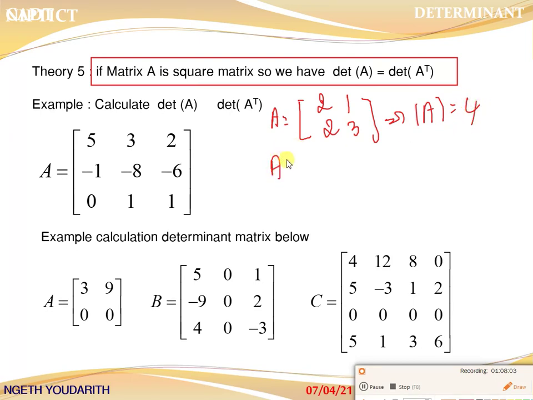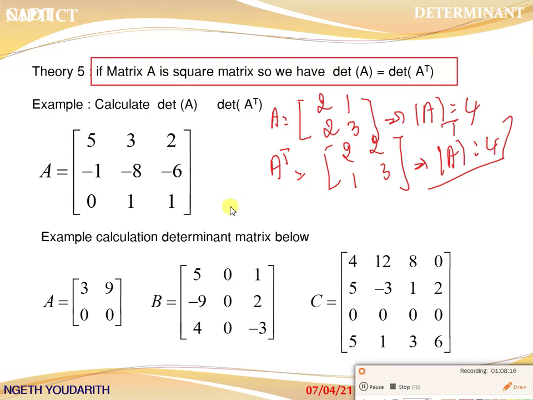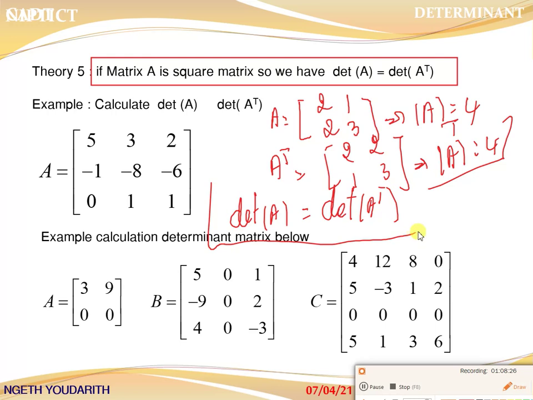So A transpose is 2, 1, 2, 3. So we get determinant of A is 4, and determinant of A transpose. So determinant A is equal to determinant A transpose. This point.